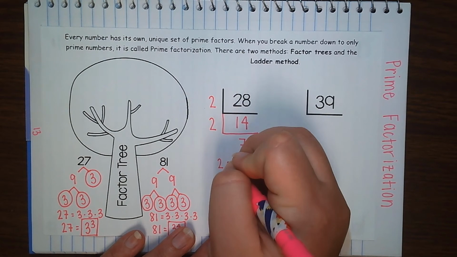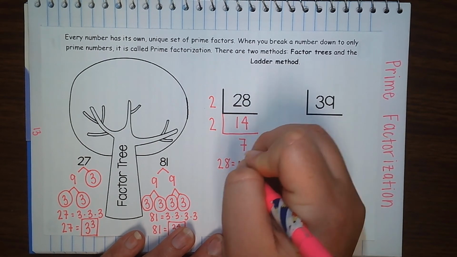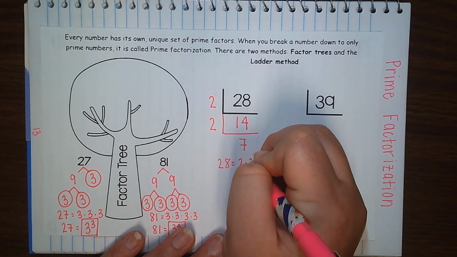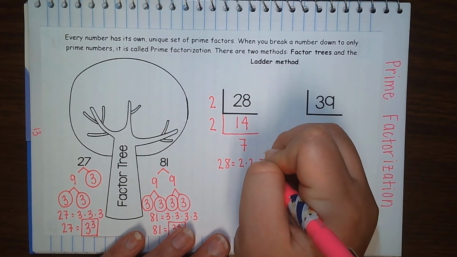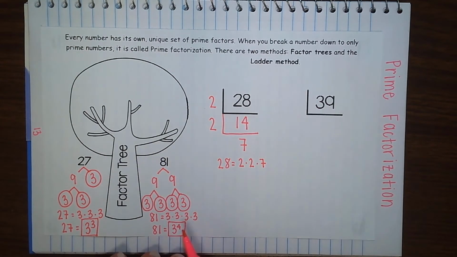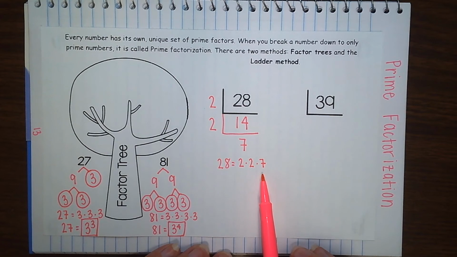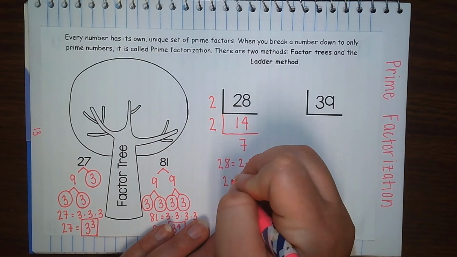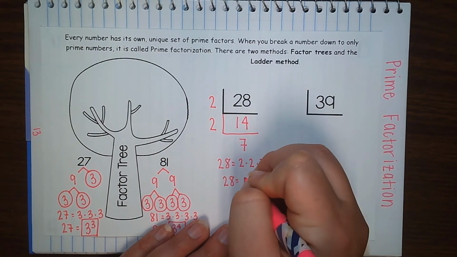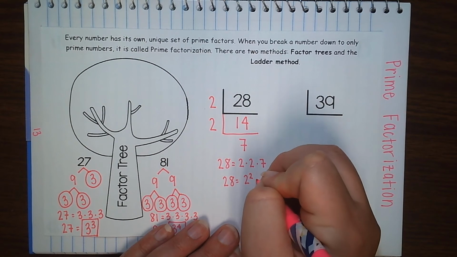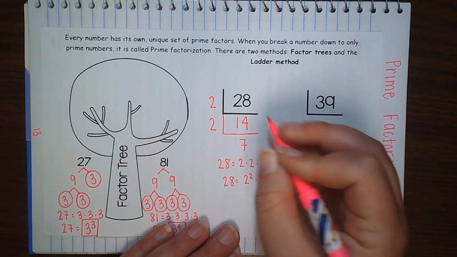So 28 equals 2 times 2 times 7. And something I didn't mention over here was that you always start with your smallest numbers and then go into your biggest numbers. Once again, we can use exponents. So 28 equals 2 squared times 7.